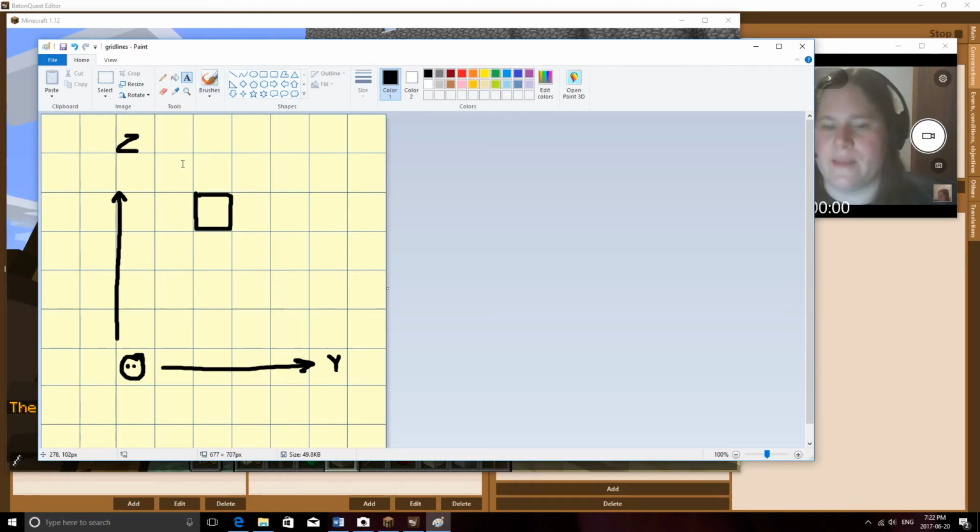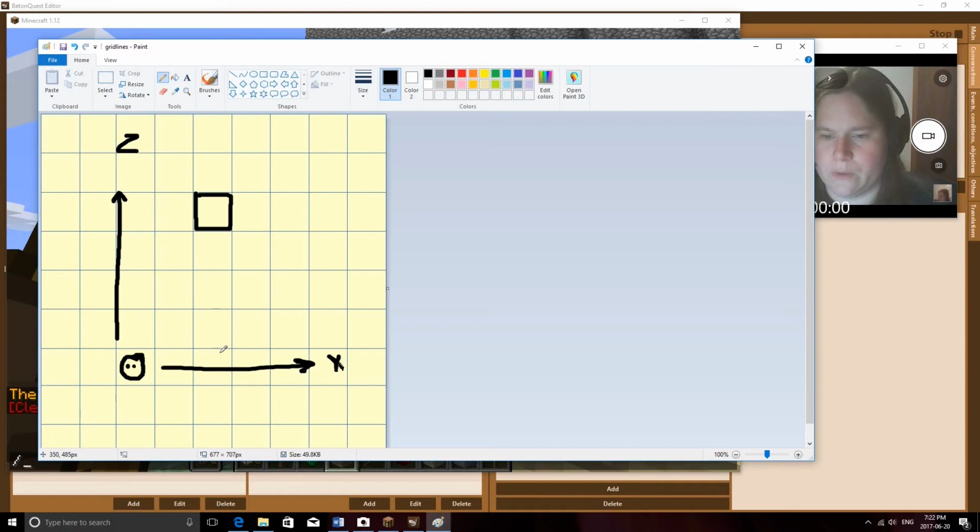And what happens with relative coordinates is they work from where the person is standing. So we can count, okay, this should be X, not Y. X and Z, we're looking straight down at the person, so we don't have a height here.